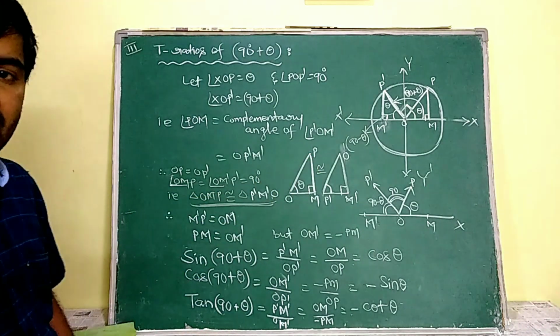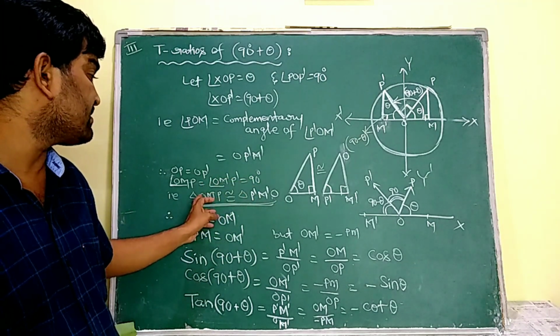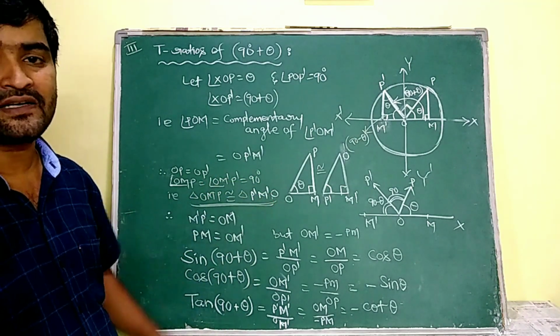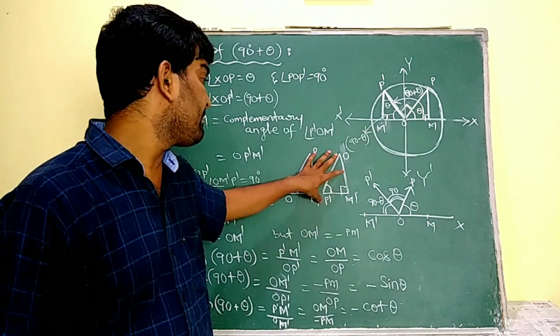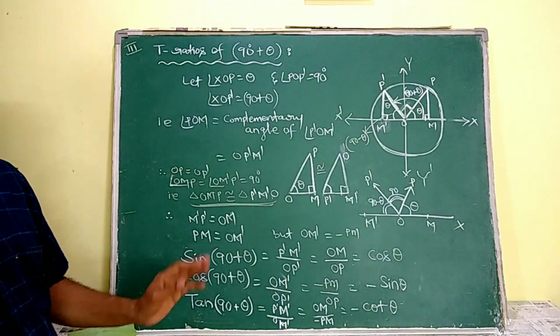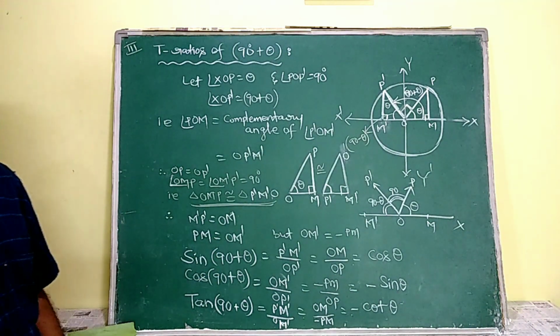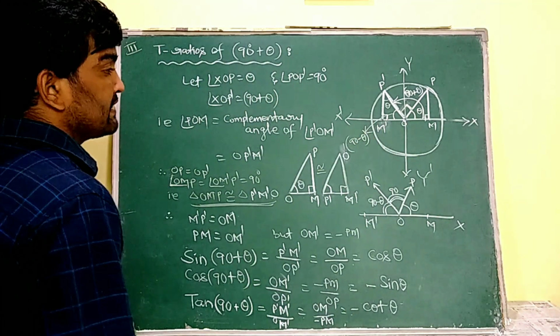By the angle side angle congruency property, these two triangles become congruent. If these two triangles are congruent, then OM is equal to P dash M dash, PM is equal to OM dash. Okay? By number those are like that. Algebraically OM is equal to minus OM dash.